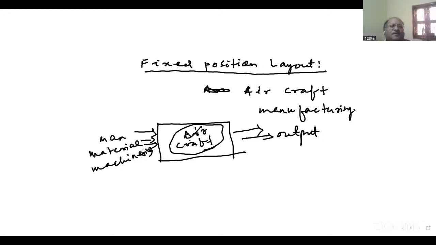So that is product layout, process layout, then fixed position layout. Then after that, we'll discuss hybrid layout and cellular manufacturing layout. Then after that, we'll discuss inventory management. Then project management, that is CPM and PERT.